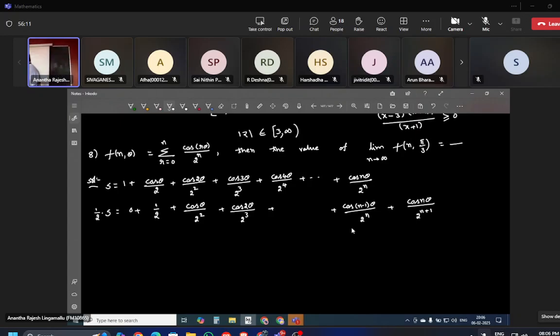Normal general technique I applied. Now let us subtract them.